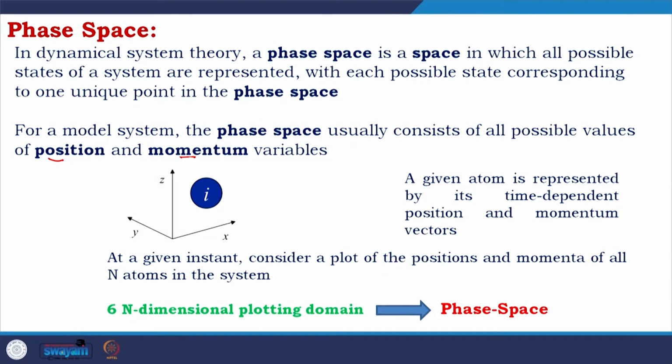Let me go into more detail a little bit so that you could understand, but before that I have to tell you the concept of ensembles. Phase space and ensembles are very correlated.